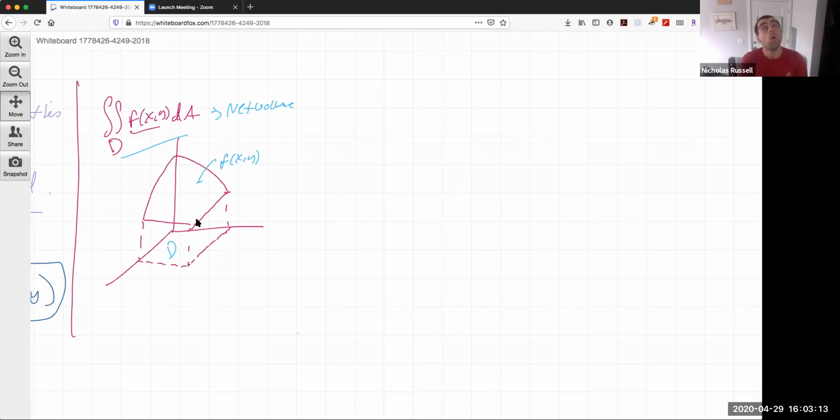Now, another type of integral we might want is: what if I just wanted to find this value over a curve on my xy plane? What I mean is, say I had this curve going from here to here.